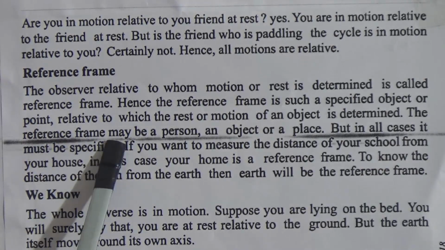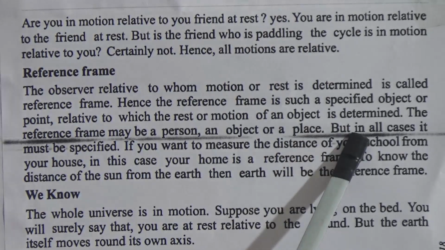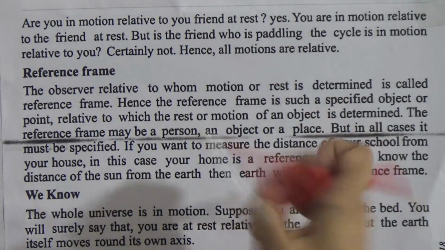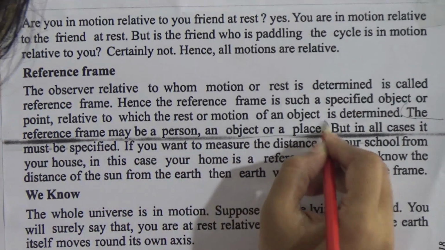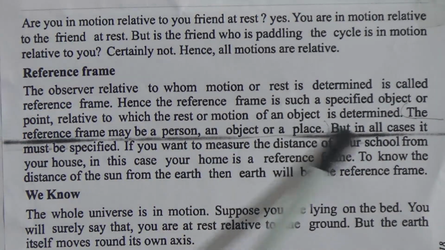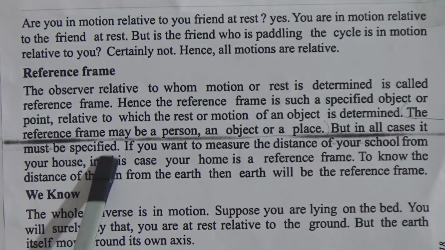The reference frame may be a person, an object or a place. Underline this. What things can be used as a reference frame? But in all cases it must be specified.